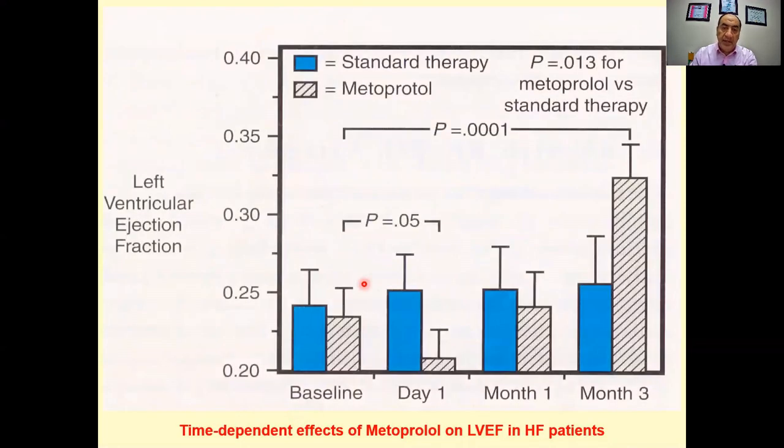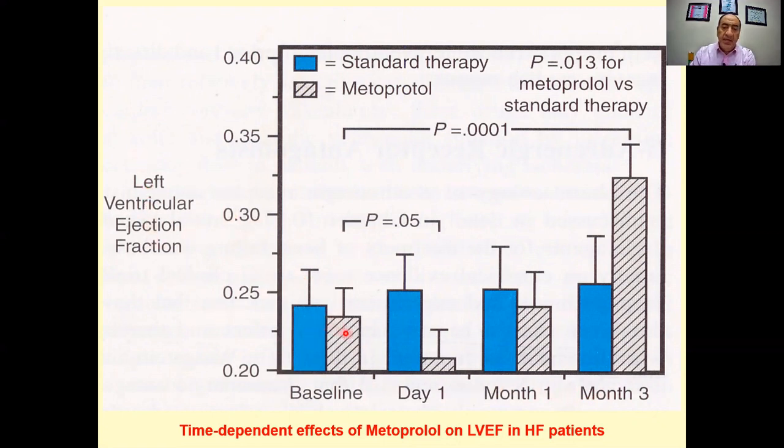As we'll see here in this experiment, they compared metoprolol, the selective beta-1 blocker, with standard therapy. Metoprolol is the striped one, compared to the blue shaded one, the standard therapy. The x-axis is the duration of treatment, and the y-axis has the left ventricular ejection fraction.